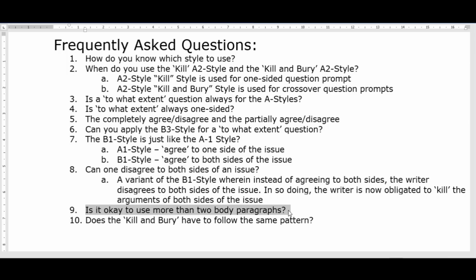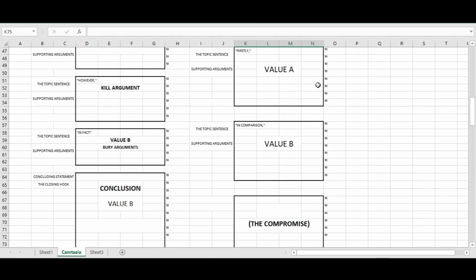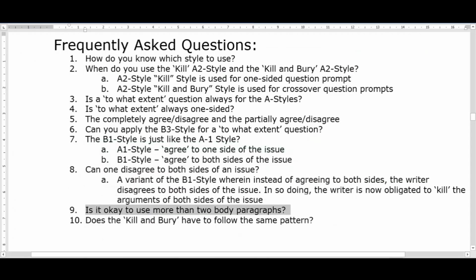But of course, as you can see in many of the trainer videos, they essentially just use 2 body paragraphs. I would say that is really the minimum. However, there are certain cases where you have to inject a 3rd body paragraph, just like in the compromise, wherein the 3rd body paragraph is the one that resolves the issue. It's the problem solver, so to speak. So it really depends.